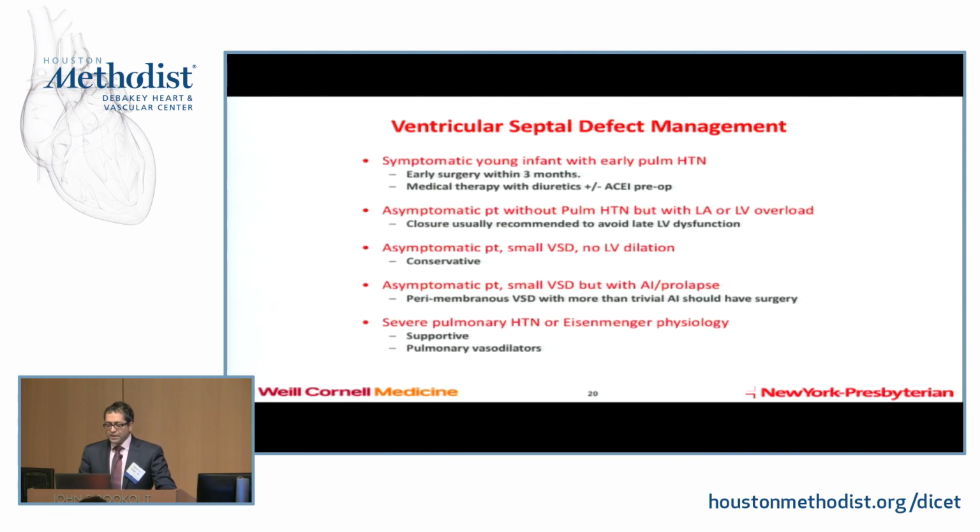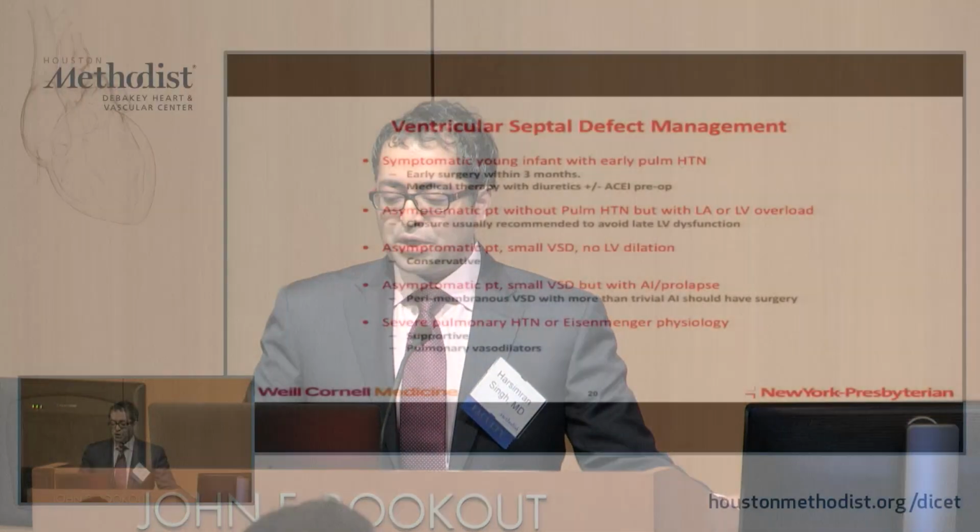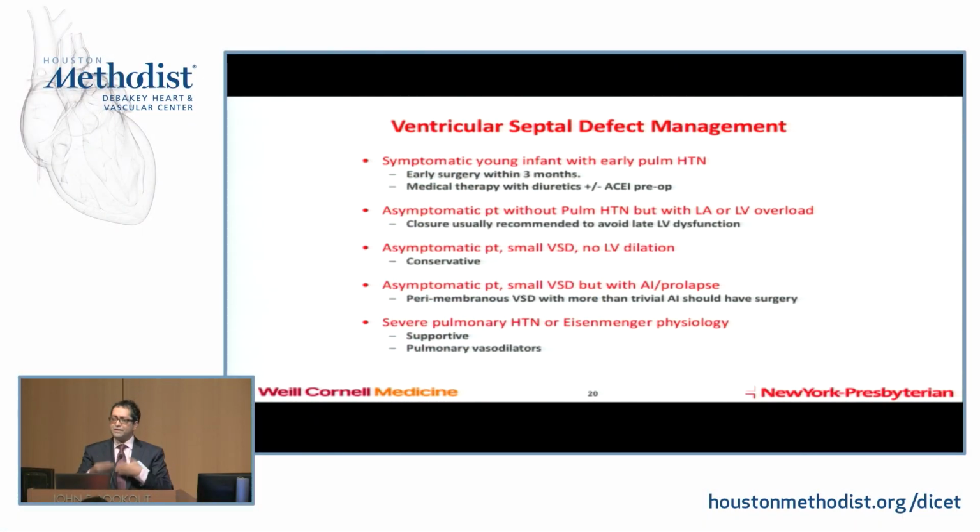So just to give a couple of different scenarios: you have a symptomatic young infant with early high PA pressures, you would consider doing surgery within 3 months, and that's incredibly important to prevent the development of pulmonary hypertension. An asymptomatic patient who doesn't have pulmonary hypertension, but you're starting to see left atrial and LV volume overload, well, you would consider closing surgically to avoid late LV dysfunction.